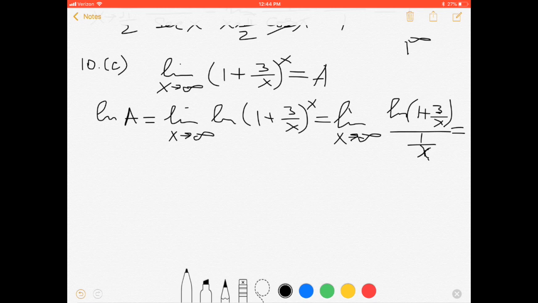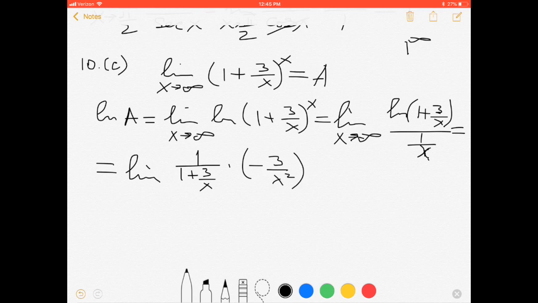Now, if x approaches infinity, 3 over x goes to 0, 1 plus 0 is 1, and the natural logarithm of 1 is 0. 1 over x, 1 over infinity, is 0. This means here you have 0 over 0. So we can use L'Hopital's rule, and it will be the limit of 1 over 1 plus 3 over x times negative 3 over x squared, divided by negative 1 over x squared, as x approaches infinity.